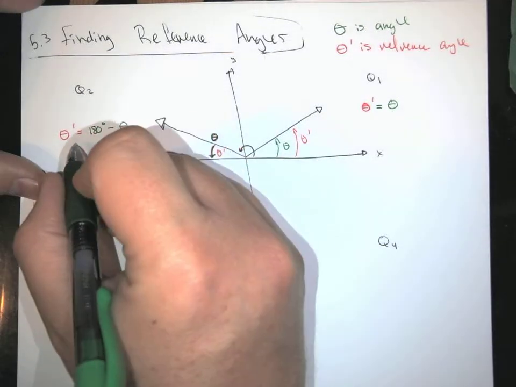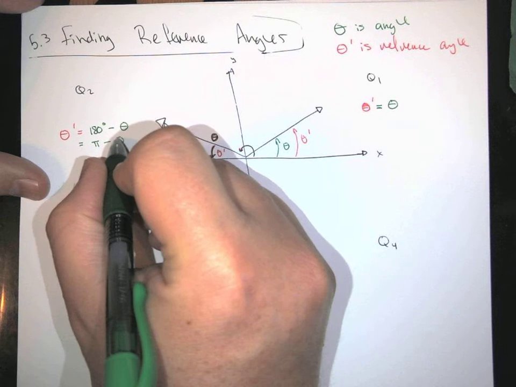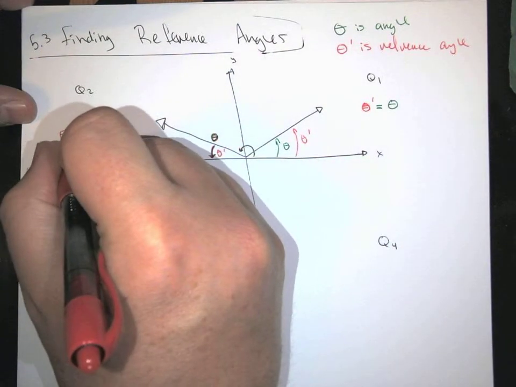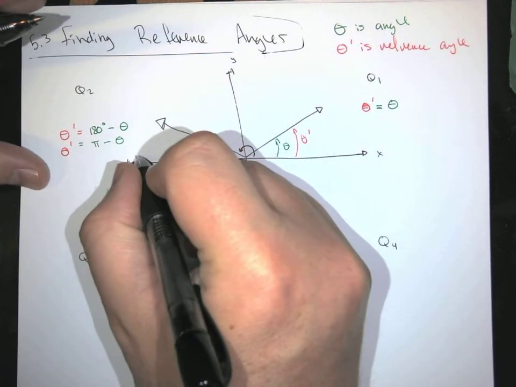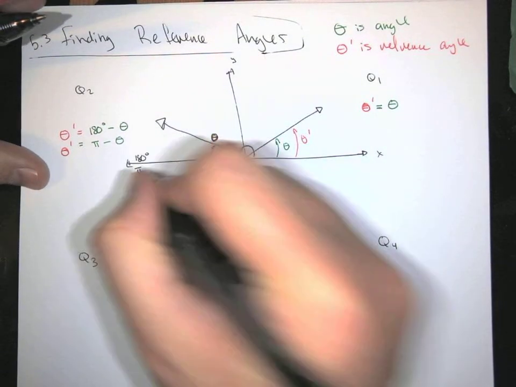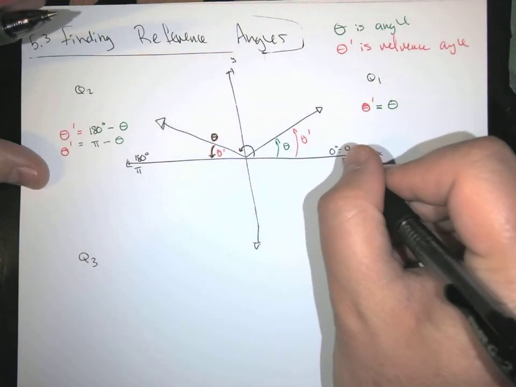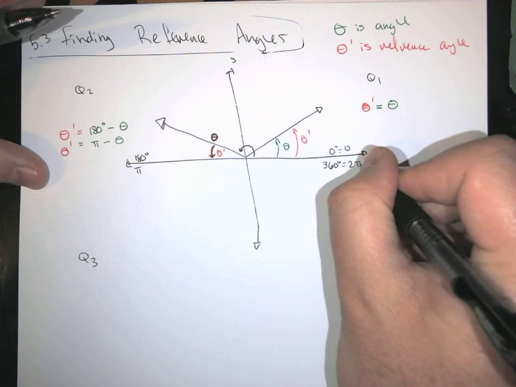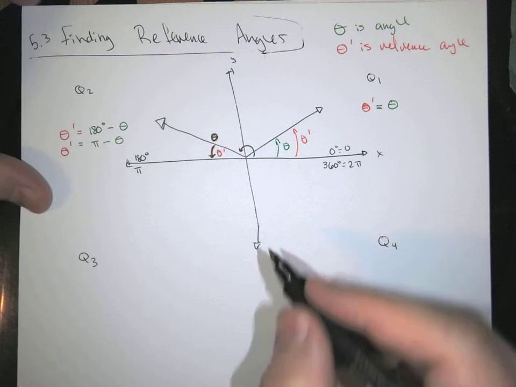This is, of course, also true if you're in radians. This would be, in radians, pi minus theta. Straight out is 180 degrees or pi; 0 degrees or 0 radians; 360 degrees or 2 pi. 90 and 270, of course, are here, but we're actually not going to use those for our reference angles.